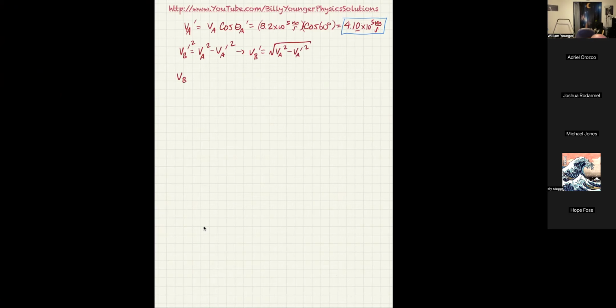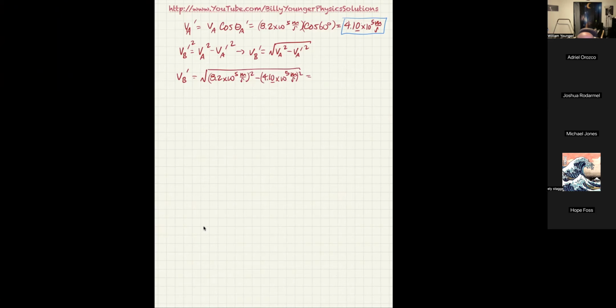Therefore, VB prime is equal to the square root of 8.2 times 10 to the fifth meters per second quantity squared minus the other one, which is 4.10, the zero being an extra digit that's not a sig fig, squared.